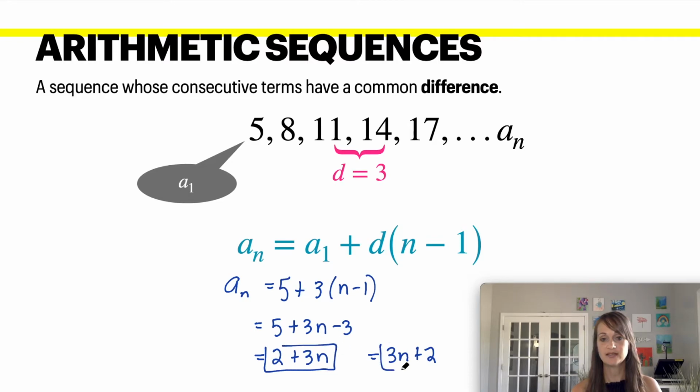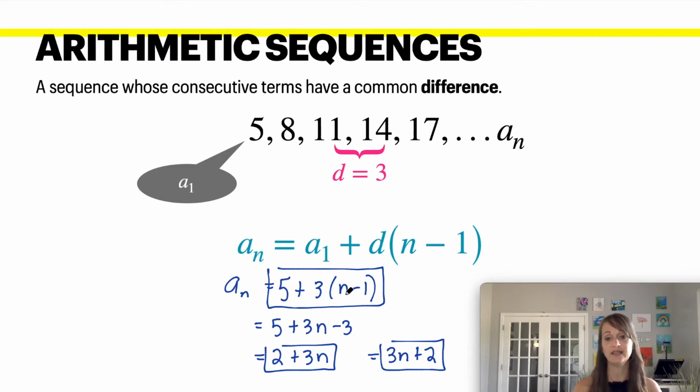This is correct, this is correct. So if I wanted to know the 100th term of this, I could keep figuring out what the next term is, or because I have the formula, I can just plug in 100 into n to find out exactly what the 100th term would be.